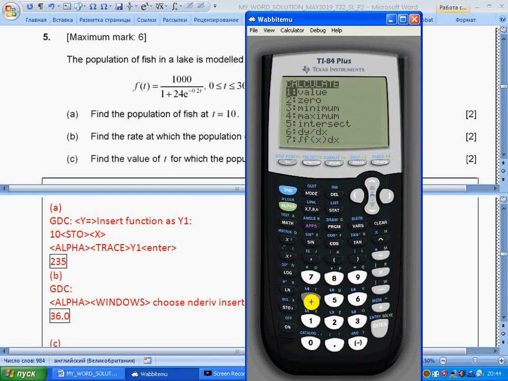Now we want second trace maximum. Left boundary 0, right boundary 30.